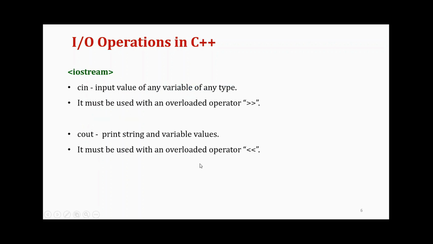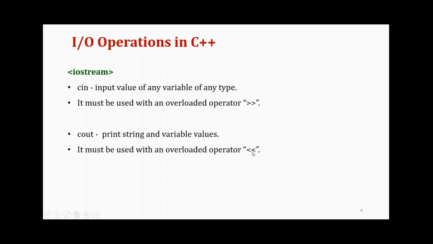By using cin, we can read the value from the input stream. We use the overloaded operator, the two greater than symbols, which is called the overloaded operator. Similarly, cout is the object used to send the values to the output, using the overloaded left shift operator; the other one is the right shift.